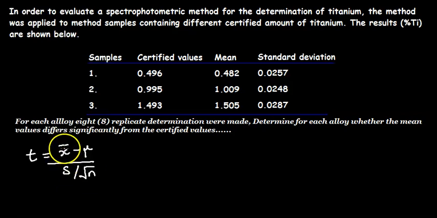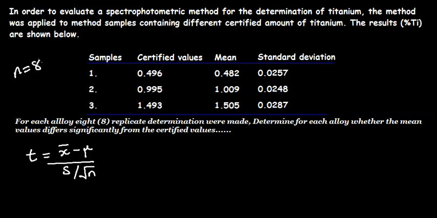In this case, x bar stands for the mean, and mu is the population mean, which is the certified value. The s is the standard deviation we are given, and n is the number of observations, which is the number of our replicates. Here we are given 8 replicates. That is why they say for each alloy, 8 replicate determinations were made. Therefore, n is going to be 8 for everything in the table.